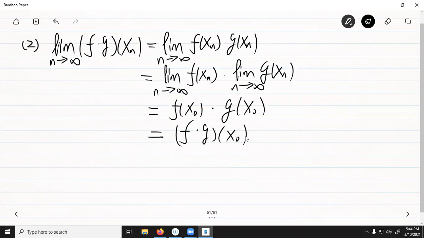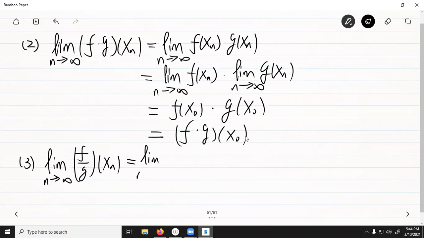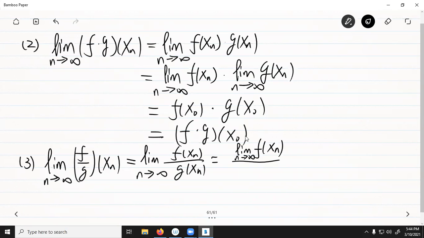Okay, the same way for the third one. We consider the limit as n approaches infinity of f over g of xn. So that means the limit as n approaches infinity of f of xn over g of xn. We take the limit for each one because the limit for each one exists, right? We can only do that if the limit for each one exists.